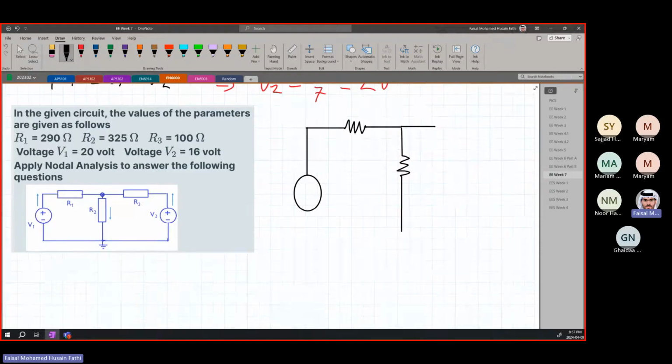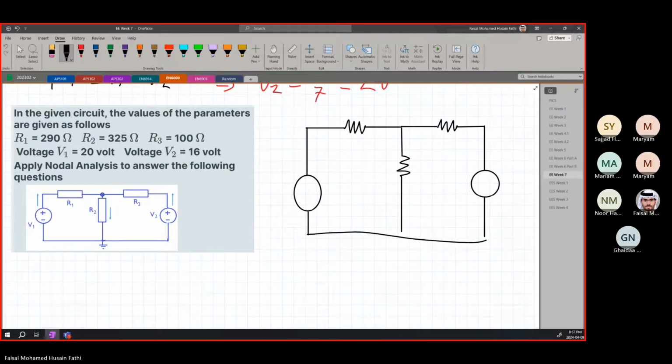for the exam. So now we have three resistors, two voltage sources. All right, this is what it looks like. Plus, minus.